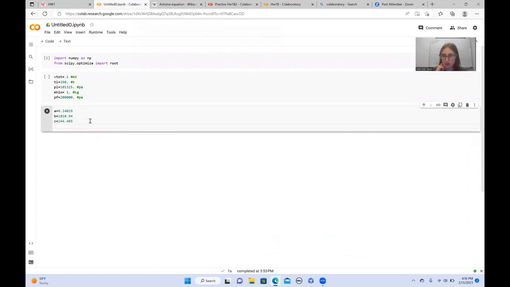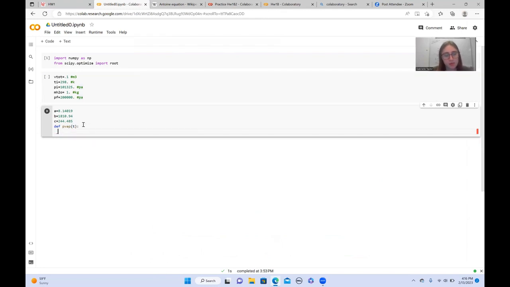Okay, so what we're going to want to do is define the function. Because this is going to be our vapor pressure, it's going to be Pvap, and this function is going to be defined for T. Now we're going to put return, because we want it to return our equation.